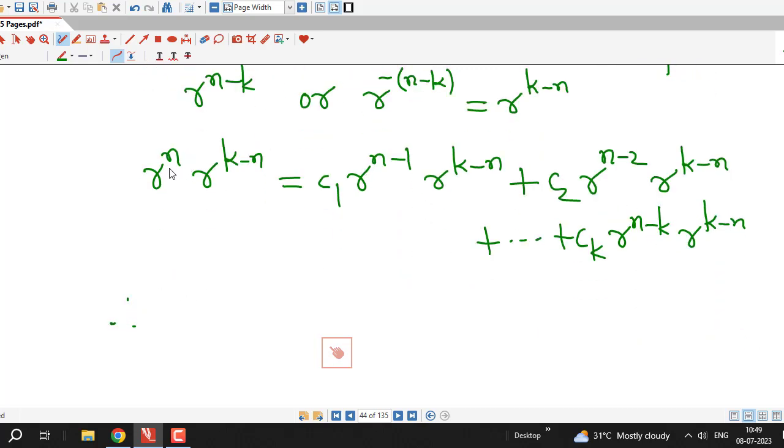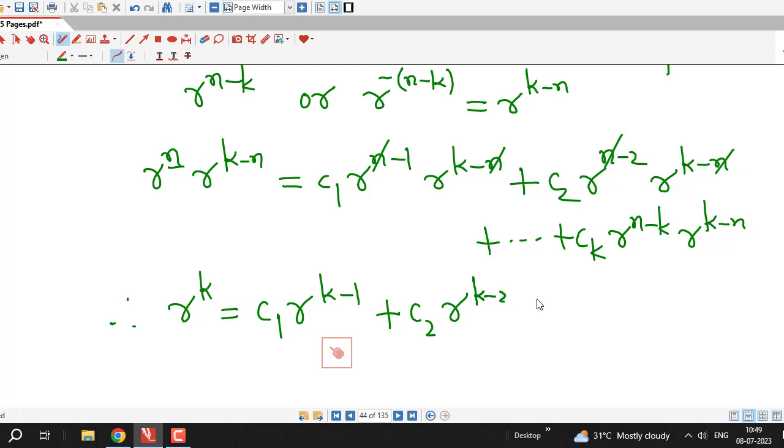Therefore here we can see r raised to n plus k minus n, that is r raised to k, equal to c1 times, here also n will get cancelled and we are left with r to the power k minus 1, plus c2 times r to the power k minus 2, and so on, ck times r to the power 0, that is 1.